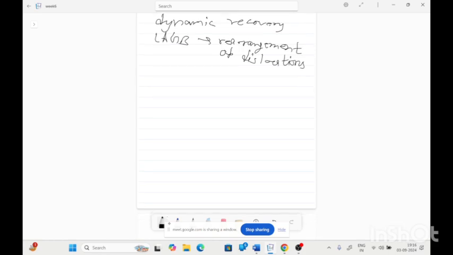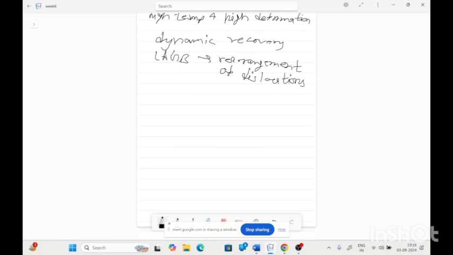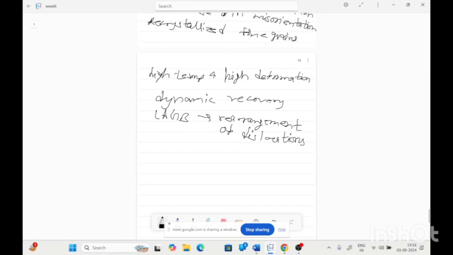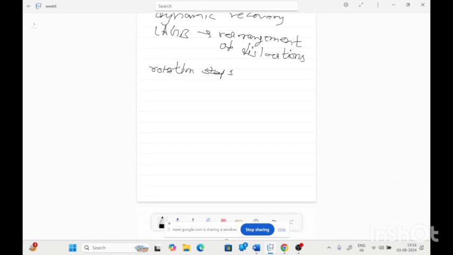So as the rotation stops, the grain serration starts to form in this process also, near grain boundaries.